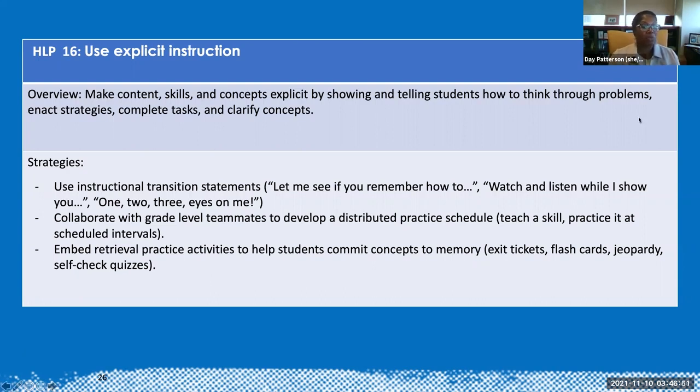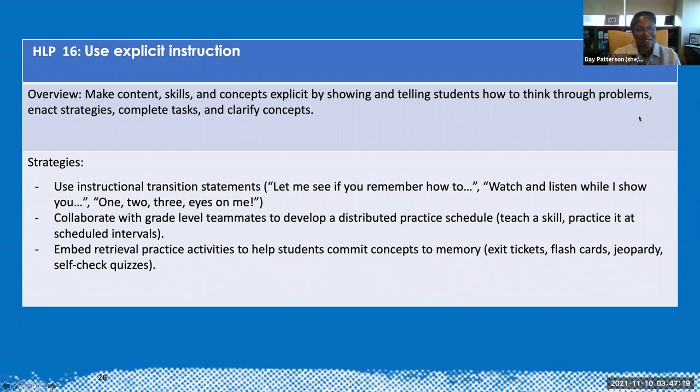And explicit instruction really provides us with a set of steps that embeds that gradual release to make sure that students have the support that they can feel, like it's a model what I see you do, and then some practice that is errorless in many instances until they're able to get to the point where they can practice something where potential error can happen, but we provide them with that feedback right away, kind of connecting us back up to our HLPs a little earlier.